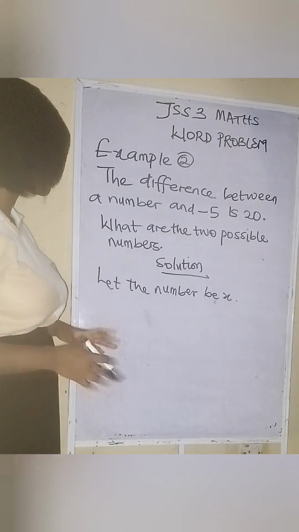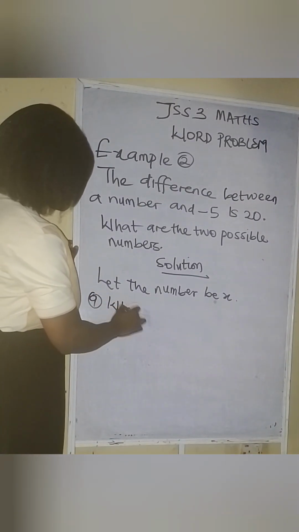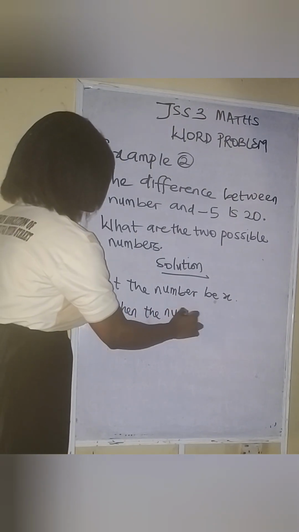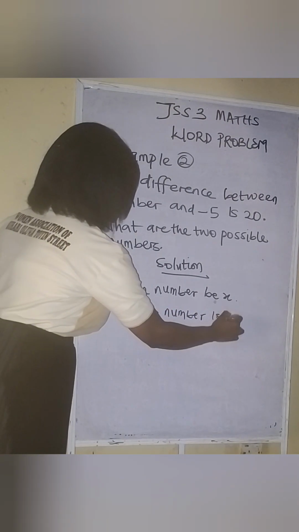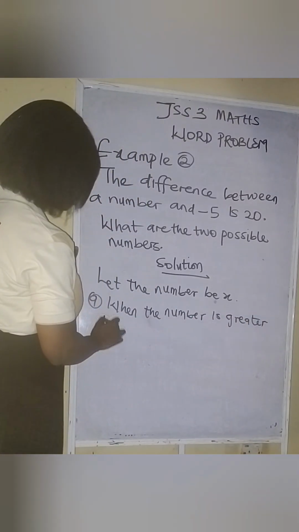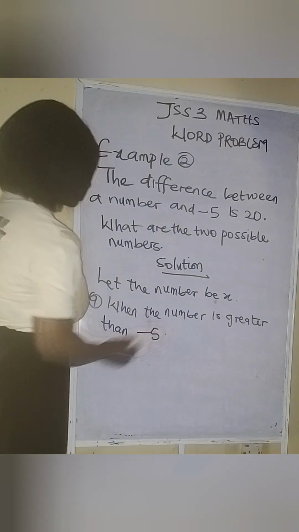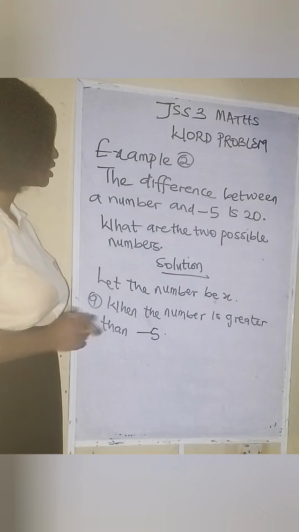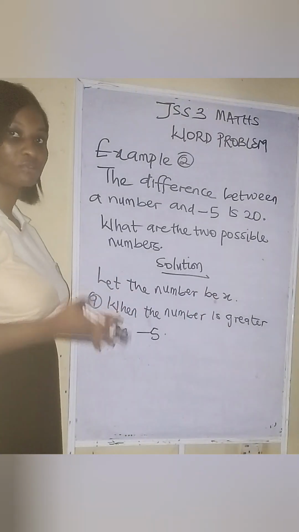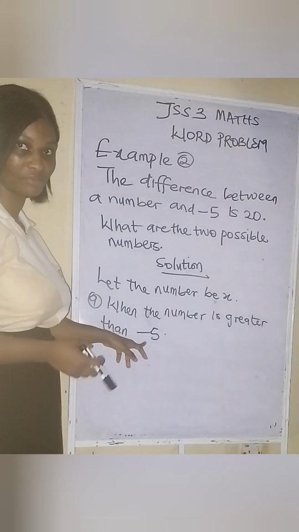First, let's say when the number is greater than minus 5, the number will come first, which is x. To be in difference, we are going to subtract minus 5 from that number. So now let's do that.